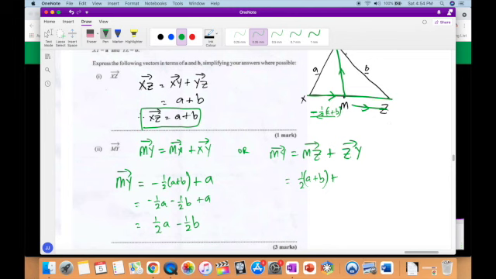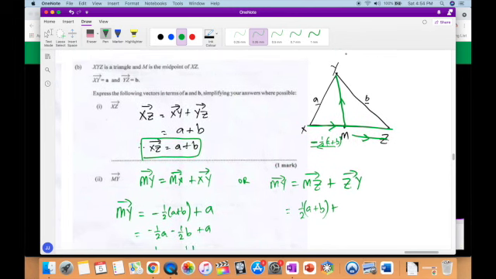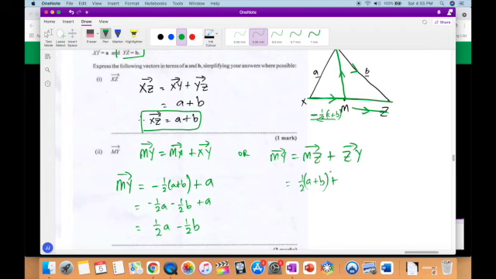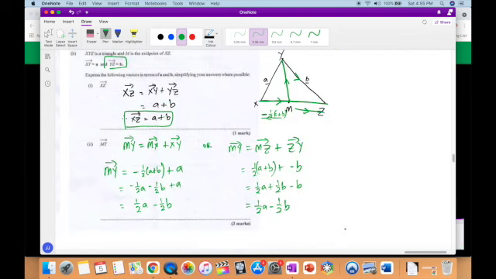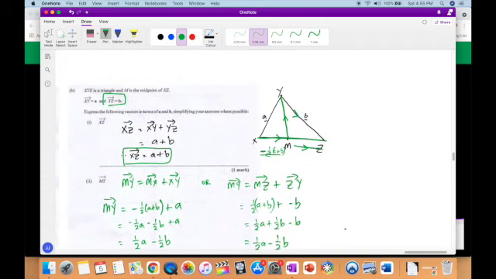Plus ZY. YZ is positive B, so ZY is going to be negative B. So now I have a half A plus a half B minus B, which gives me a half A minus a half B. So you see, either way that you went, you would have gotten the same answer.